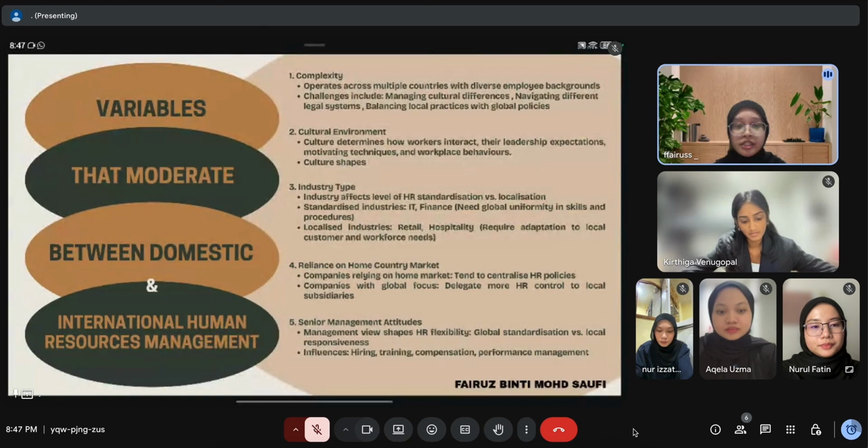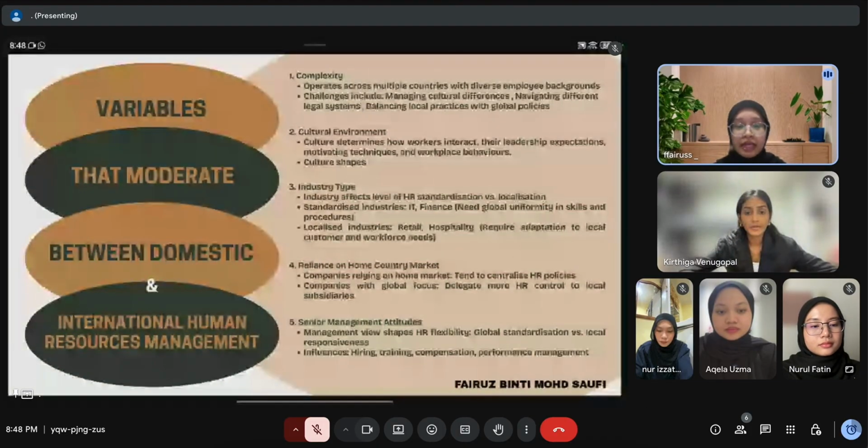However, in the Western countries such as US or Netherlands, they value the direct communication and individual achievement. So due to the comparison, it will impact on the HRM, which is HR practices such as feedback system, incentive, and leadership training must be localized. So for example, Unilever Malaysia integrates cultural sensitivity training into its leadership programs to align with local and global leadership styles.